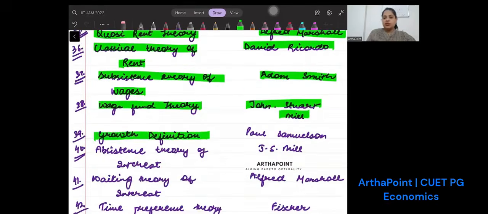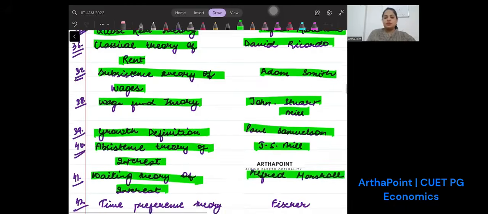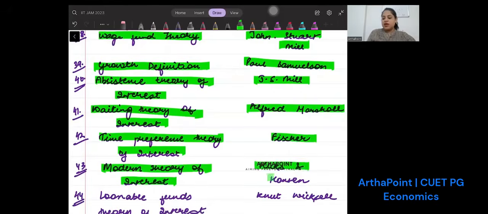Growth definition was given by Paul Samuelson. Subsistence theory of interest was given by J.S. Mill. Waiting theory of interest was given by Alfred Marshall. Time preference theory of interest was given by Fisher. Modern theory of interest was given by Hicks and Hansen.